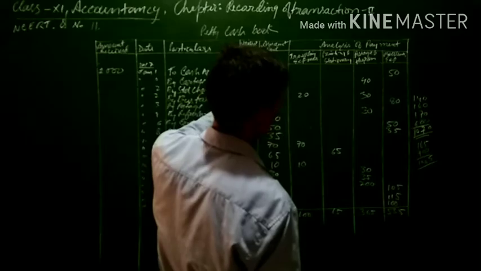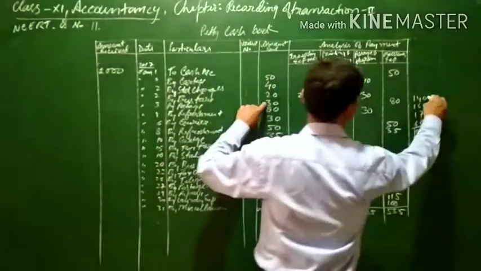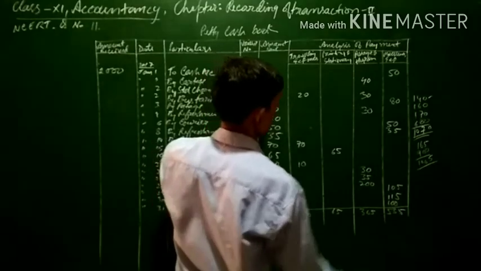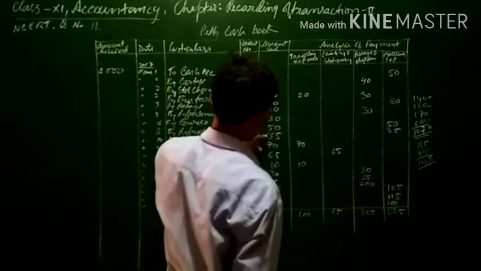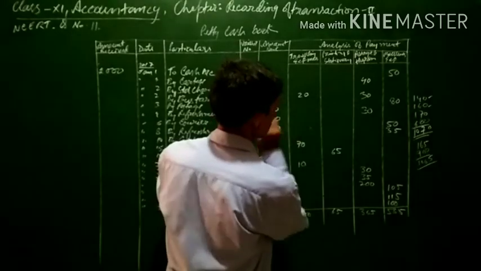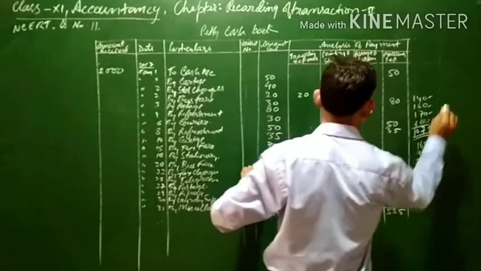40, 90 plus 10, 110 plus 140. This is right. 8 plus 3, 11 plus 6, 160. 35, 100, 160, 170. It is also correct.